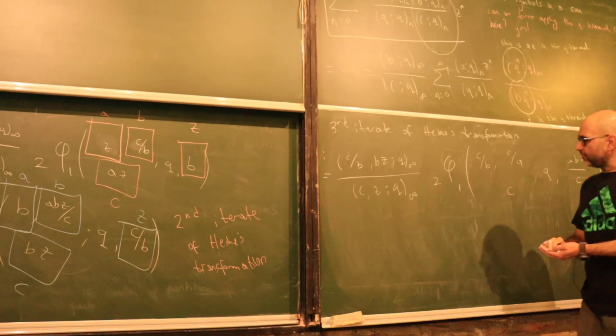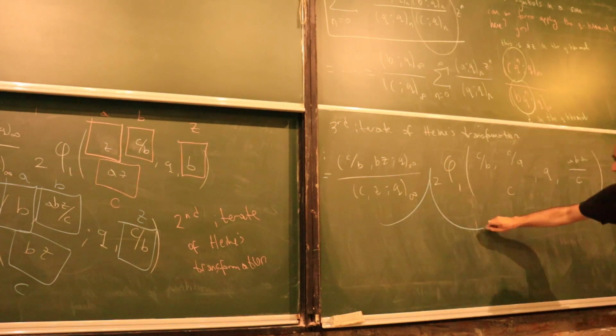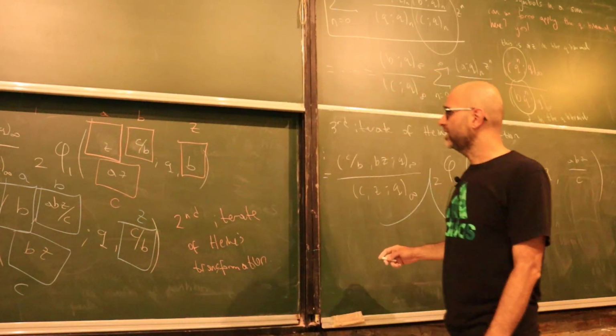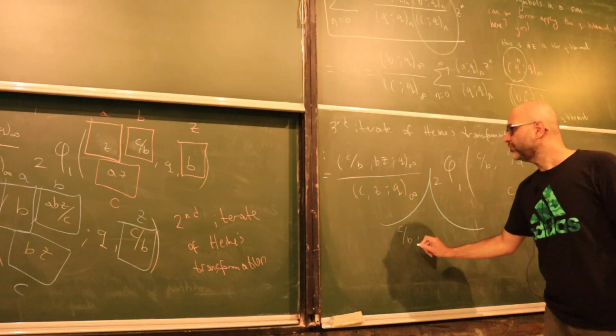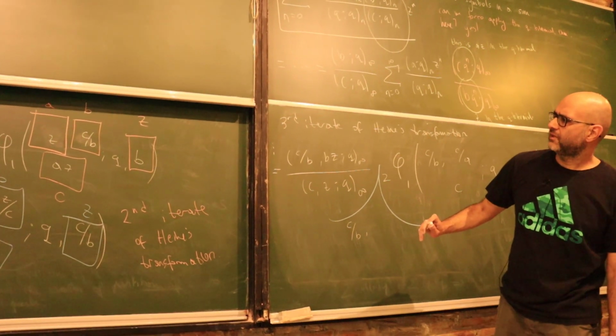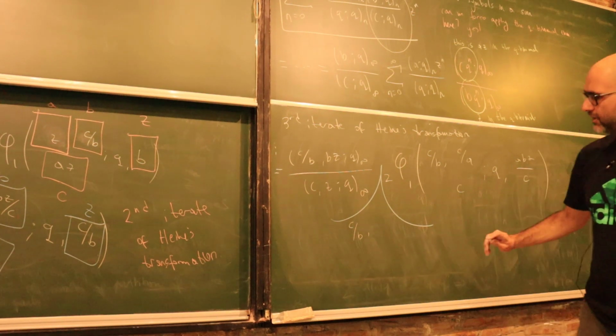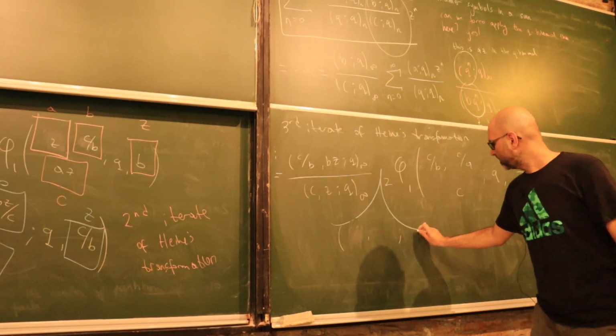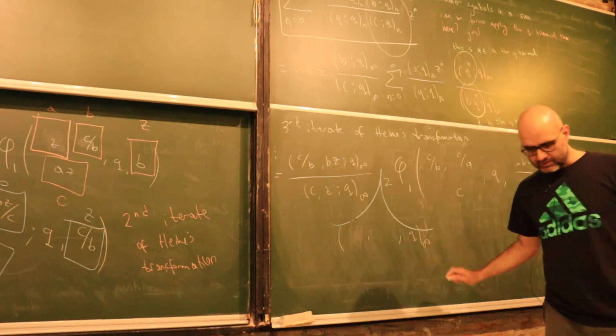And then what did we forget? We forgot the infinite products here, which are B and Az, C divided by B. I think I'm messing up big time.